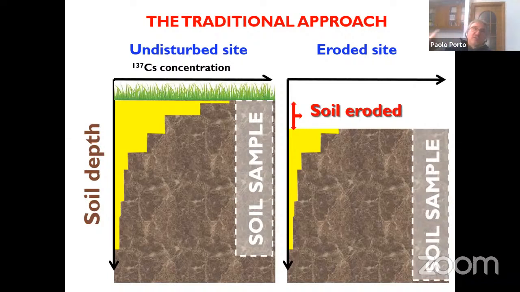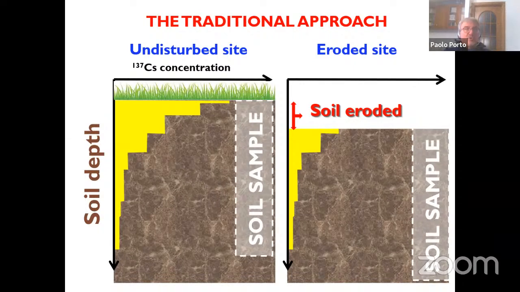And if we divide this amount of soil eroded by the years that passed since the beginning of fallout, which is 1954, to the date of sampling, we have a value in tons per hectare per year, okay? So that's the main assumption of the traditional approach.